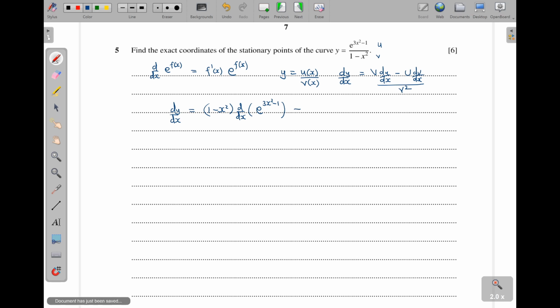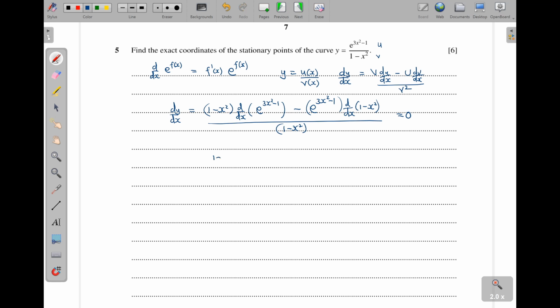Then subtract u, which is e to the power 3x squared minus 1, times the derivative of v. Our v is 1 minus x squared. Then we divide by v squared, which is (1 minus x squared) squared. But this one here will be equated to 0 because they are talking about stationary points, and for stationary points, dy/dx is equal to 0.